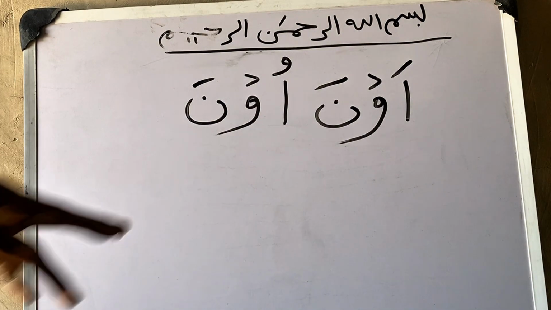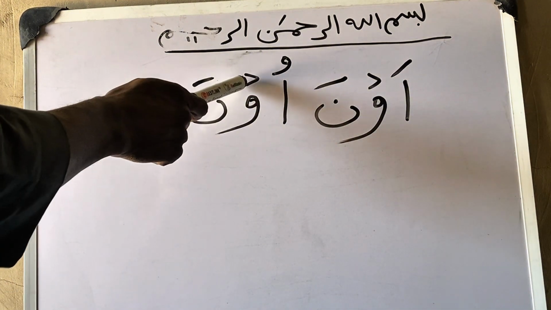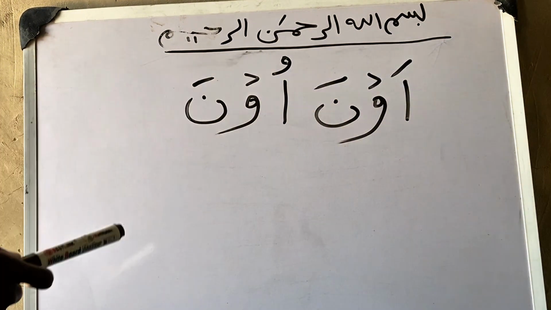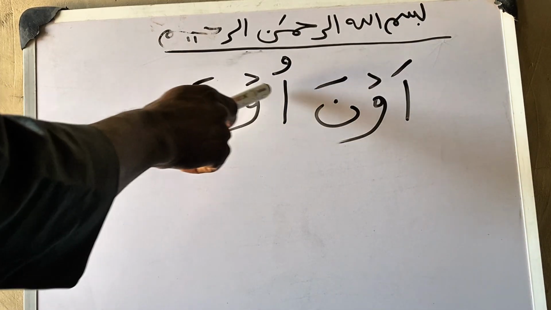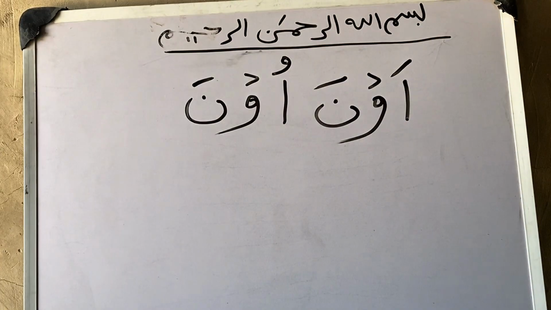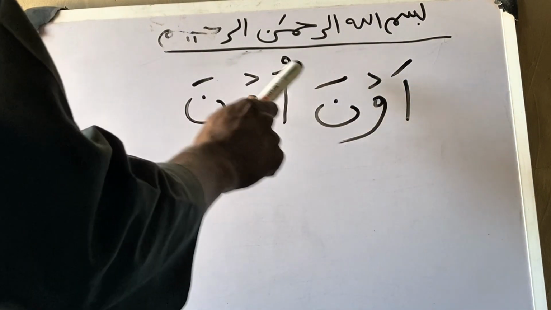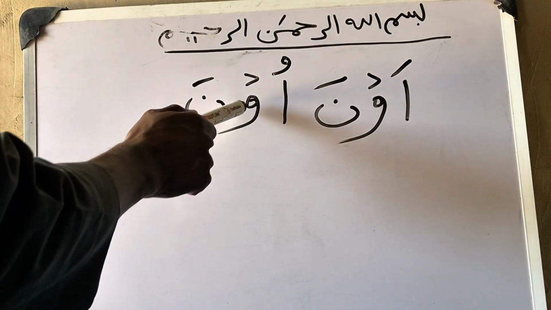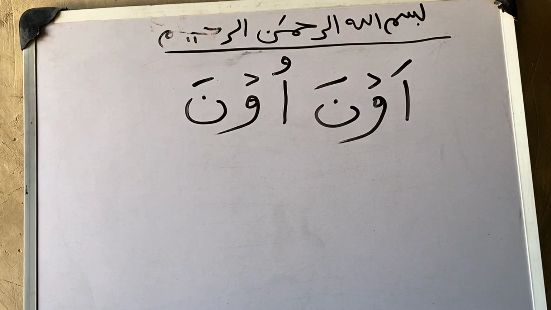Alifun Dhamma U, Wa'un Sukun Aw, Nunun Fatha Na, Una. Now let us repeat these two: Aw, Na. Una.